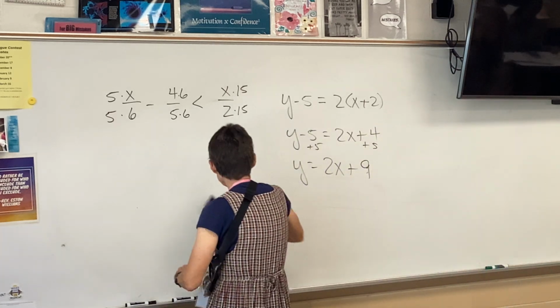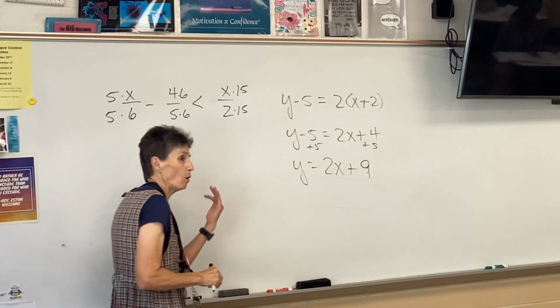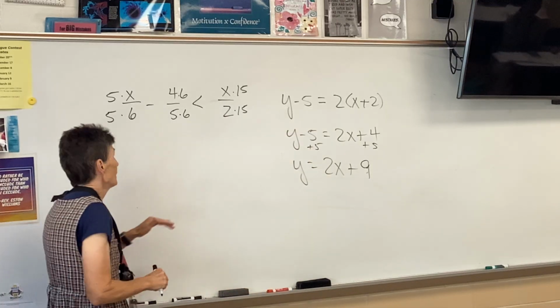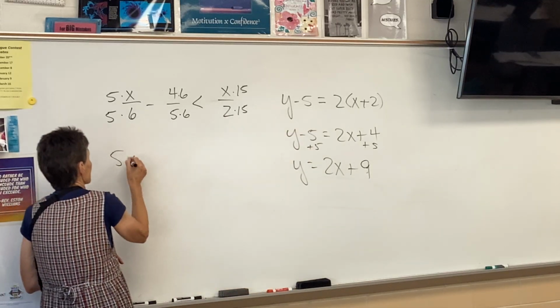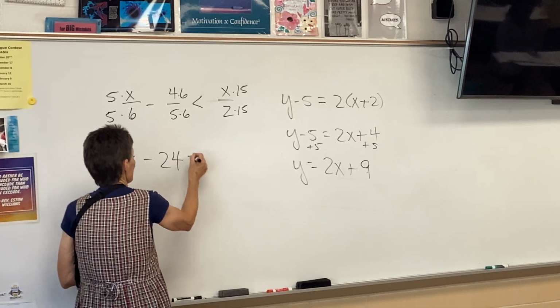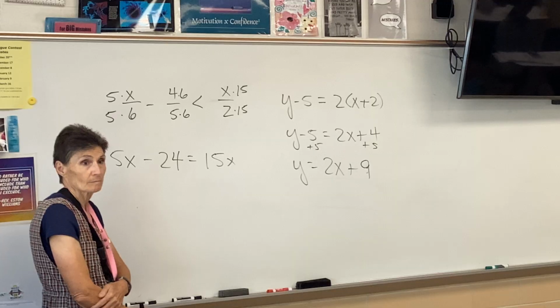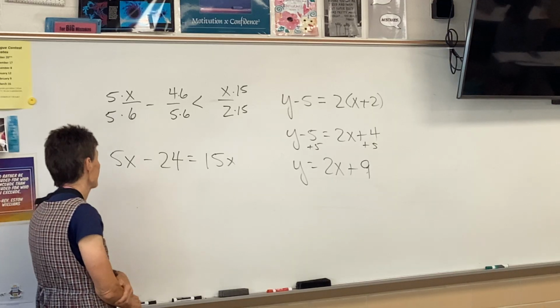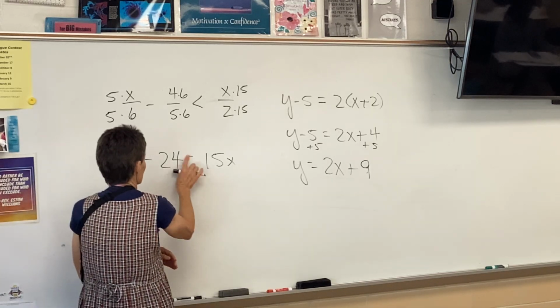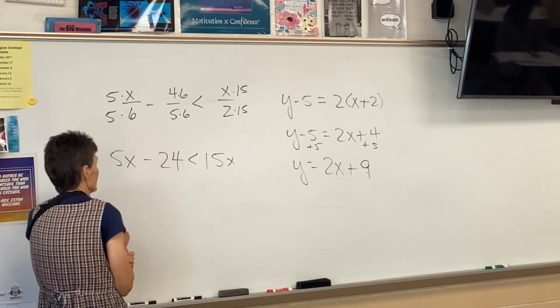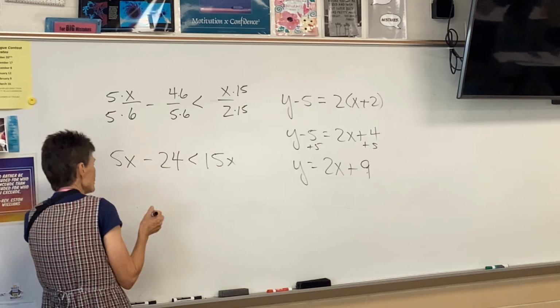All right, so everything has to have the denominator. Always, always, always, okay? All right, so 5x minus 24 is less than 15x. Oh, not equals, excuse me, less than. So where did you go from here?